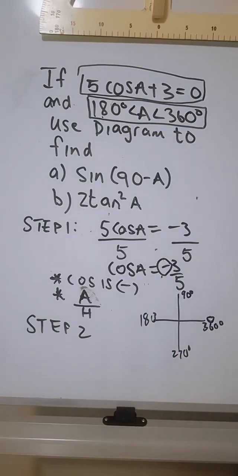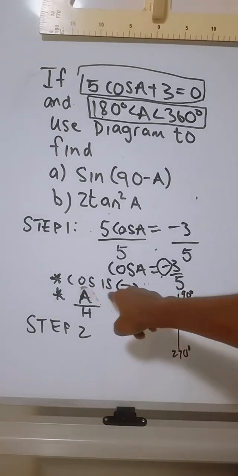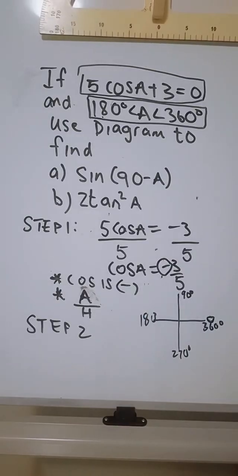Okay. So what we are going to do is we are going to identify the quadrants, as per first the fact that cos is negative. Where is cos negative on the Cartesian plane?